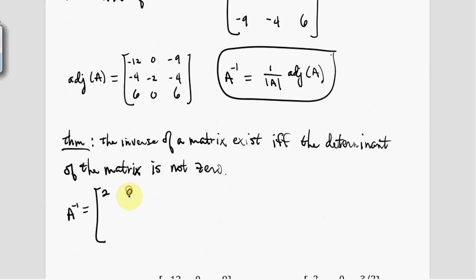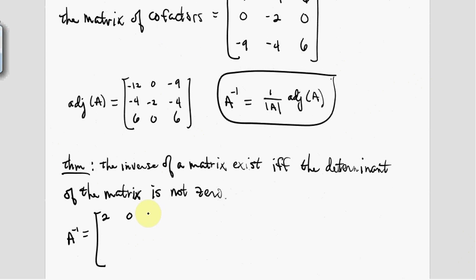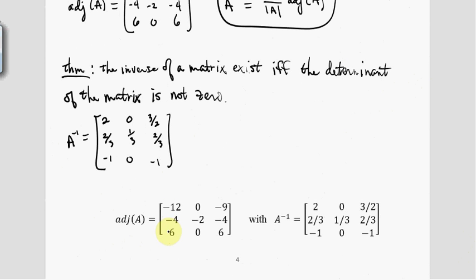We get 2, get 0. -9 divided by -6, so we get 3/2. -4 divided by -6, 2/3. Negative 2 divided by negative 6, 1/3. 2/3 again there. Negative 1, 0, and negative 1. Okay. Good.